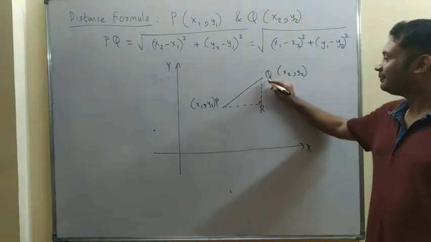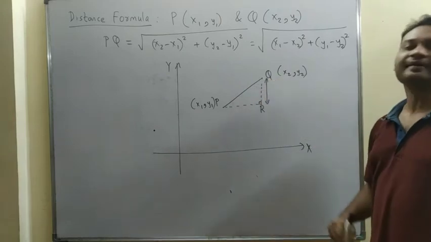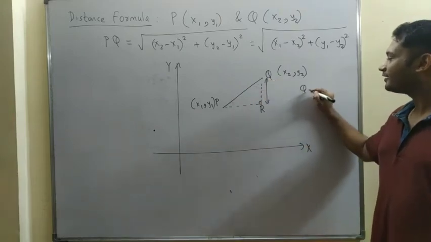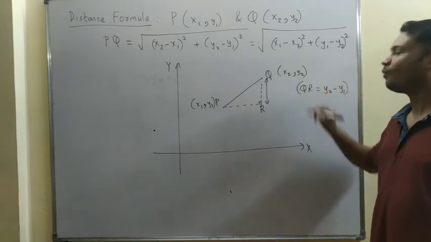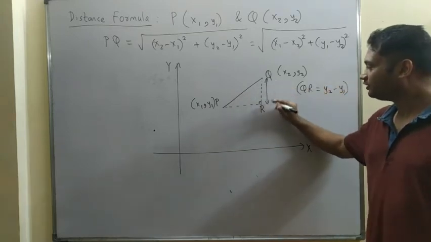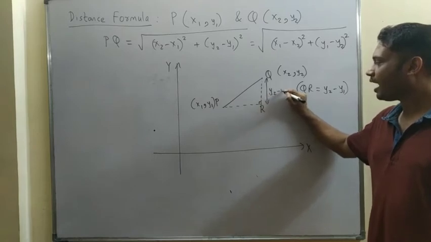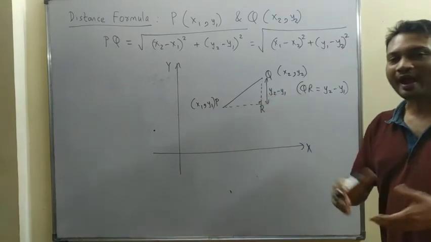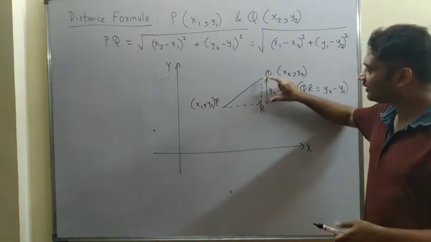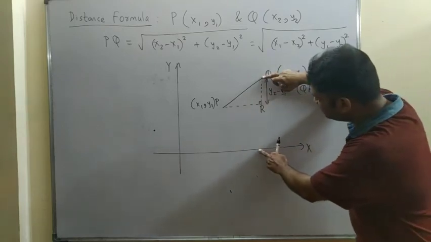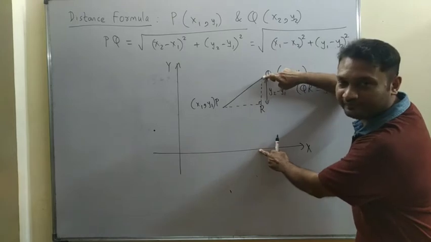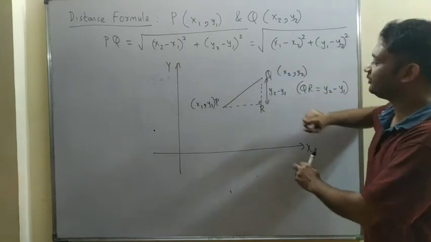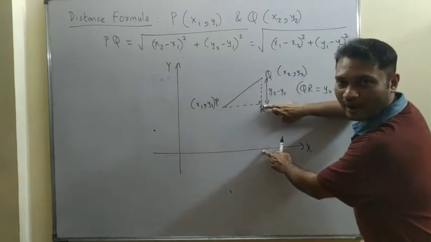Now in the previous section we already proved QR, this distance is nothing but y2 minus y1. So let me call this distance as y2 minus y1. Why? Because QR is equal to this distance minus this distance. This distance we proved in previous section, it is y2 and this distance is y1.